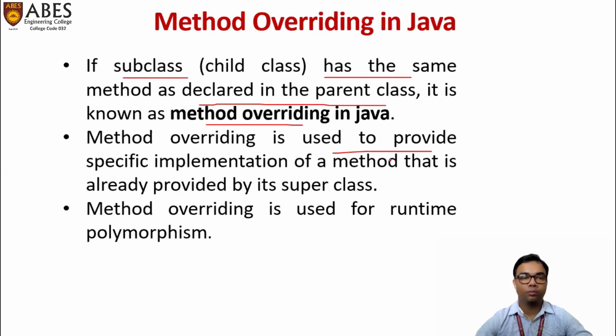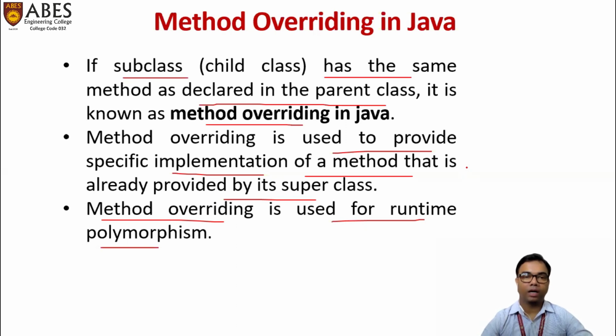It is used to provide the specific implementation of a method that is already provided by its superclass, and it is used for runtime polymorphism. We will practically see how we can do method overriding, and for this we need the concept of inheritance also.